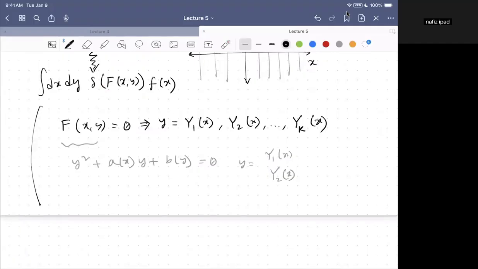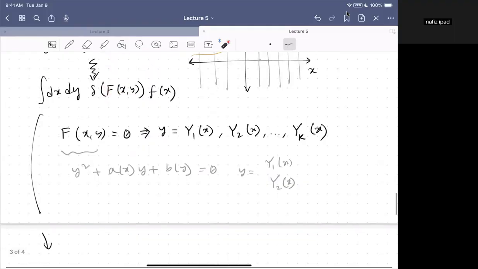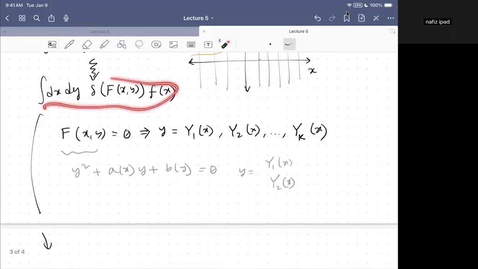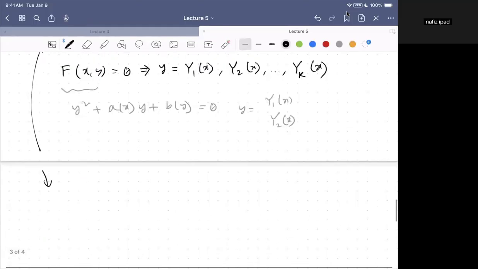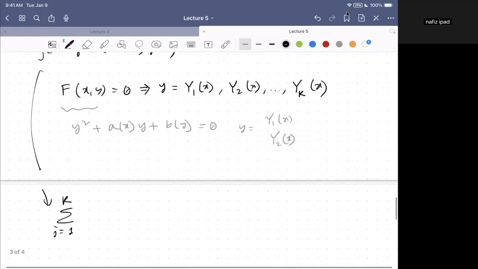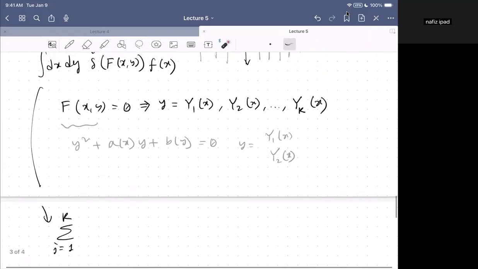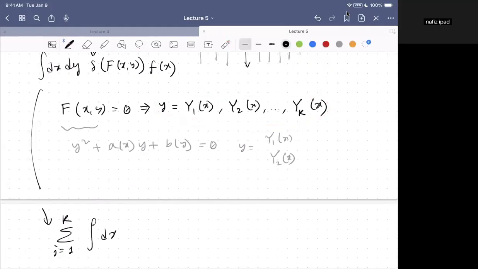Let us remember a general formula. For an arbitrary function f of x and y, if we evaluate this integration, meaning that we are trying to do the integration over dy using this delta function, what do we get? You get a sum over all solutions of this equation, and then you're left with an integration over x.